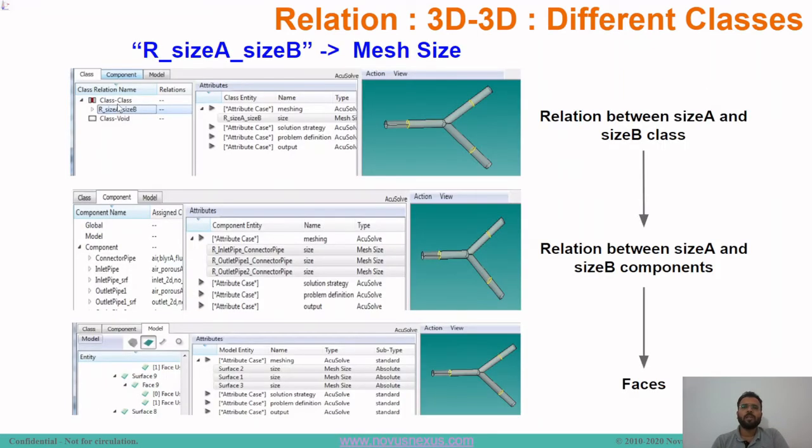In simulation model, we can check in class tab, when we select this relation, it is highlighting these three interfaces as size A is attached on connecting pipe and size B is attached on these legs. Similarly in model tab and component tab, we can check how this attribute is transferred. In model tab, there are three surfaces on which this mesh size attribute will get transferred.